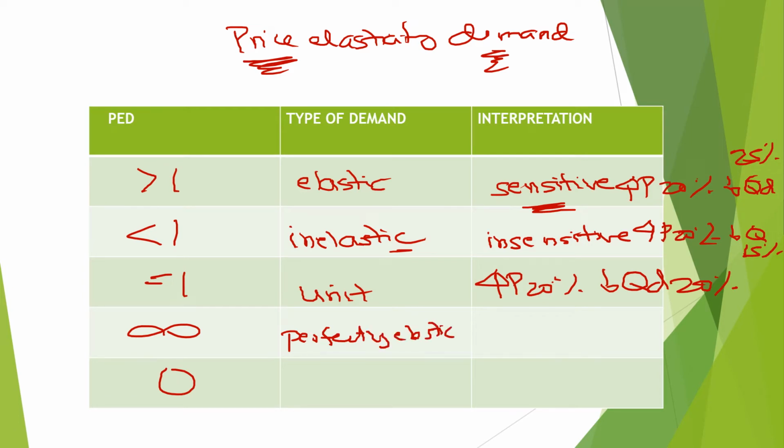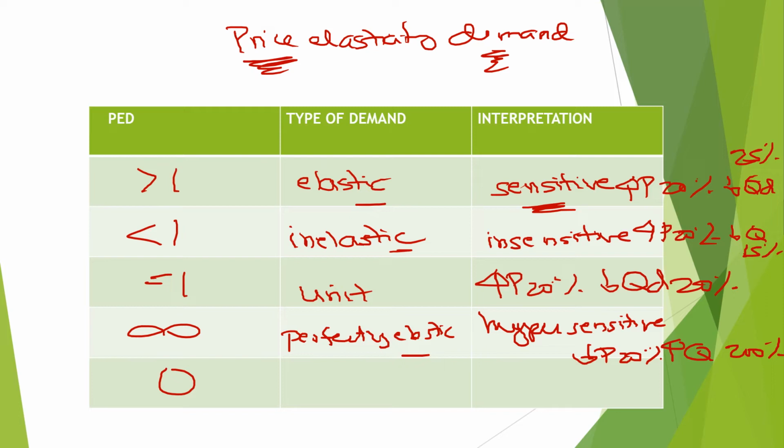So it's just like elastic, the demand is sensitive. But it's not just sensitive, it's hypersensitive, overly sensitive. For example, there is a decrease in the price by 20%, the quantity demanded rose by 200%. Or let's say you just increase the price by 5% and then all of a sudden the quantity demanded dropped by 80%.